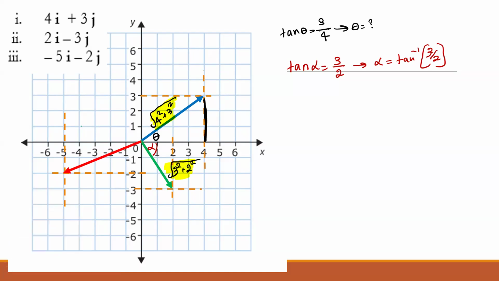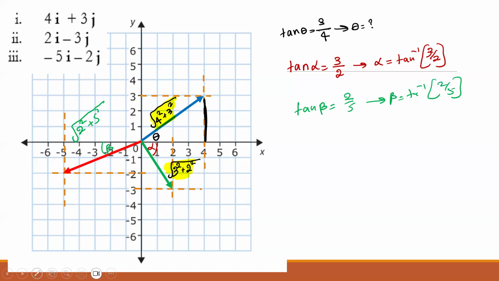That will be the square root of 2 squared plus 5 squared, which is root 29. And if this angle is beta, then 2 over 5, so beta is tan inverse 2 over 5. You can find that as well.